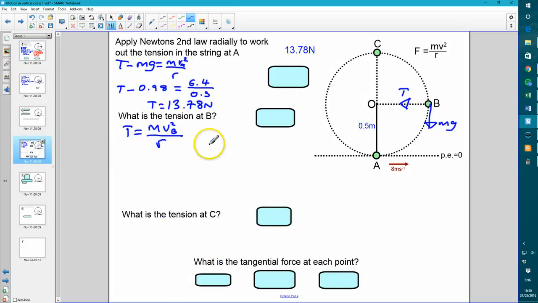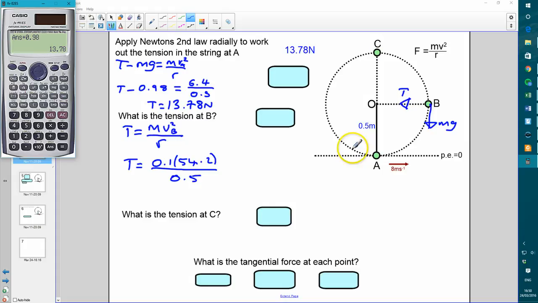So if I come back over here, I know that my tension is going to be equal to 0.1 times 54.2 divided by 0.5, and again in my calculator I can work that out. 0.1 times 54.2 divided by 0.5, and that gives me a value of 10.84 newtons.